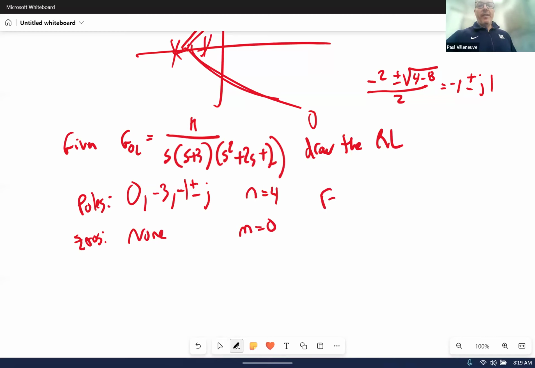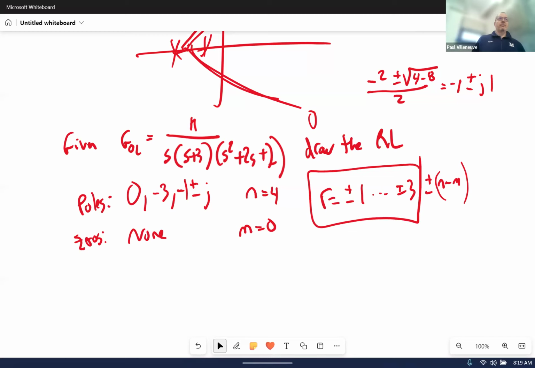So my r value is going to be plus or minus 1, plus or minus 3. And remember, it goes all the way up to plus or minus n minus m. But I can't go past 3 because n minus m is 4 minus 0, which is 4. The only way I can get to 5 is if n minus m is greater than 5. So all I have for my value of r is plus or minus 1, plus or minus 3.